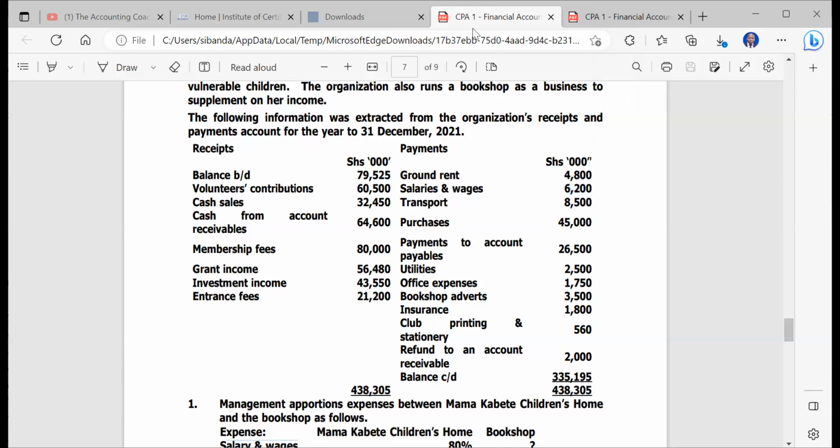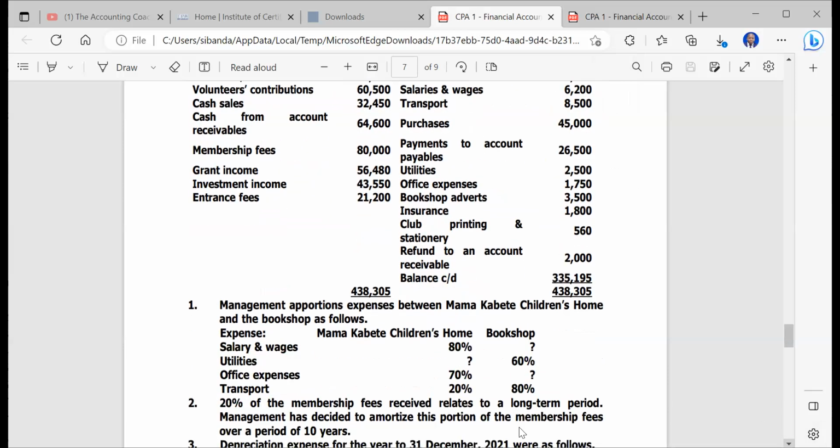So with that understanding, what this means is that if my salary and wages for the children's home are 80%, and remember the distribution is just between Mama Kabete and bookshop, means that the percentage here is 20% for it to make 100%.